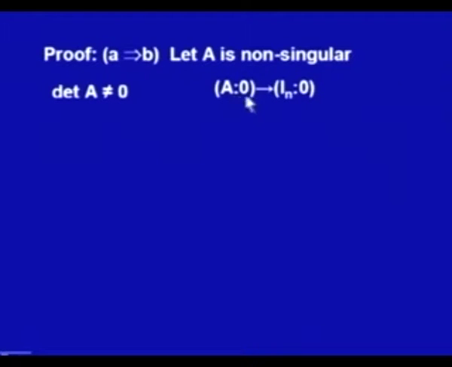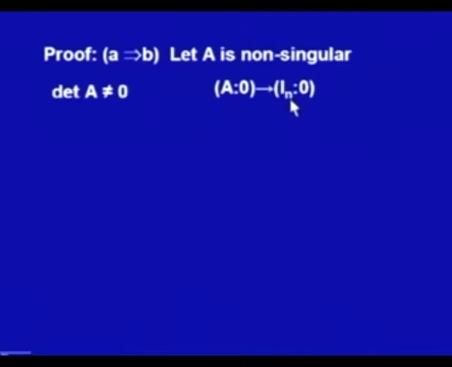That means, we can apply elementary operations on the augmented matrix and this augmented matrix can be converted to a matrix like this, and this simply means that we will have identity matrix as a coefficient matrix and the right hand side is 0.